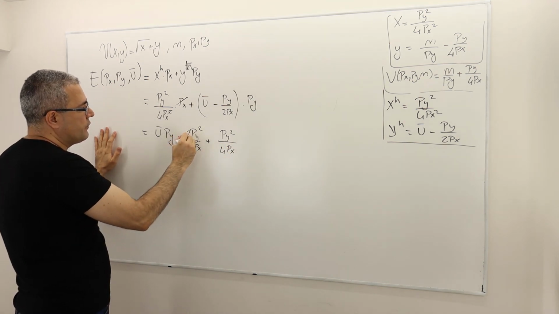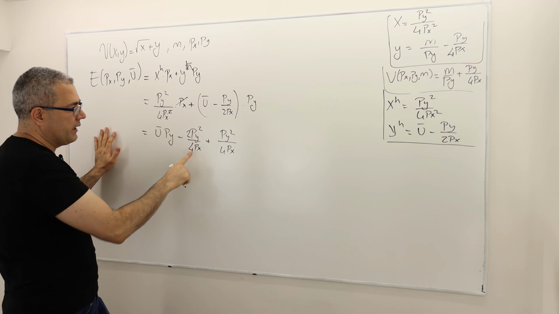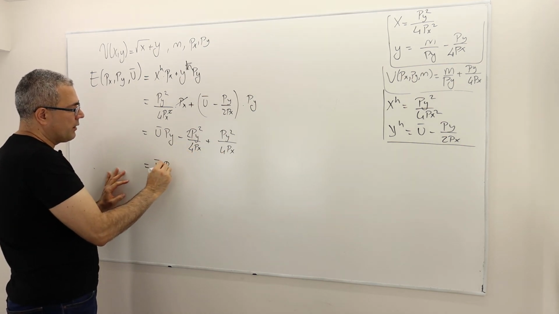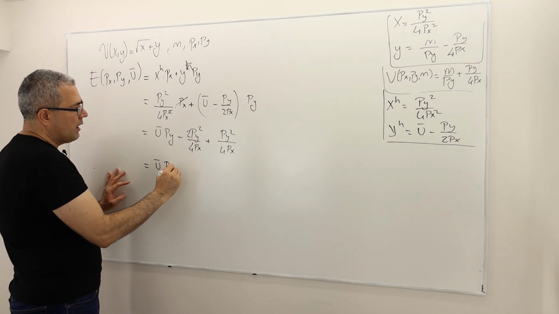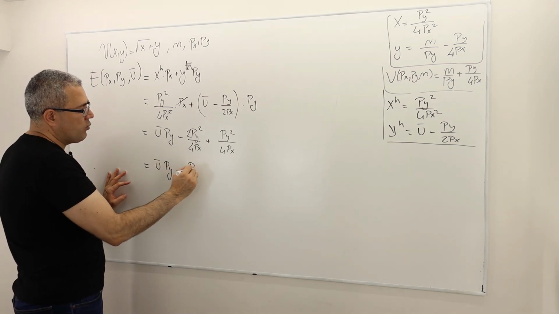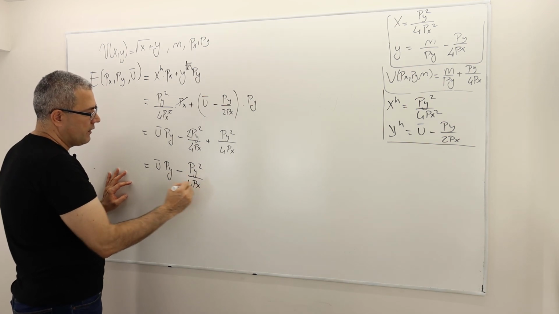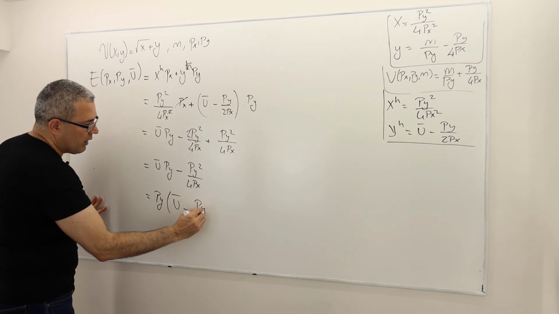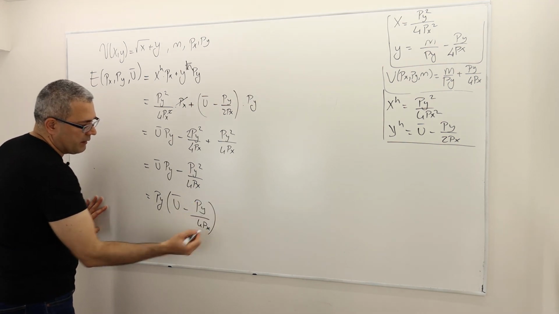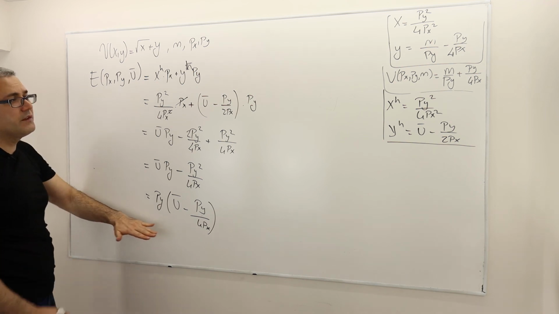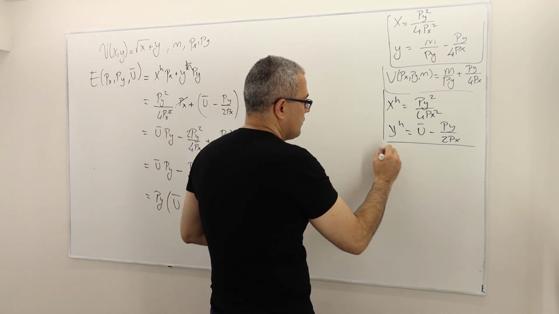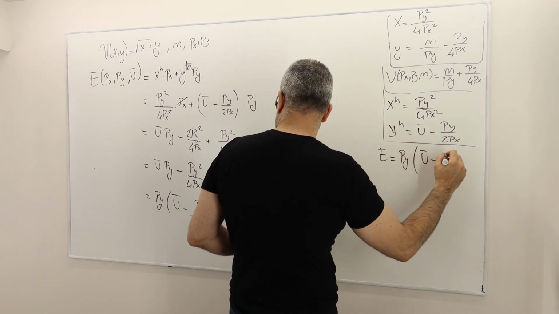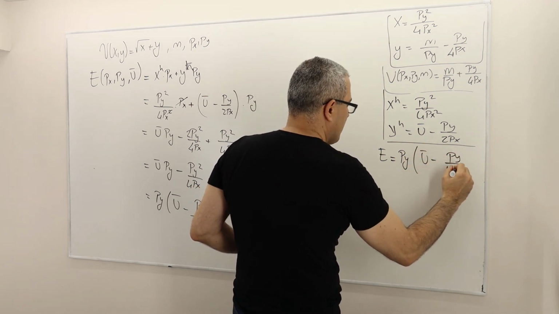Don't forget, this is 2py squared divided by 4px, so this is minus, this is plus. So I'm going to have u bar py minus py squared divided by 4px. Or take py outside the parentheses: u bar minus py divided by 4px. I'm just rewriting it. All right, so this is the expenditure function: py times the parentheses, u bar minus py divided by 4px.